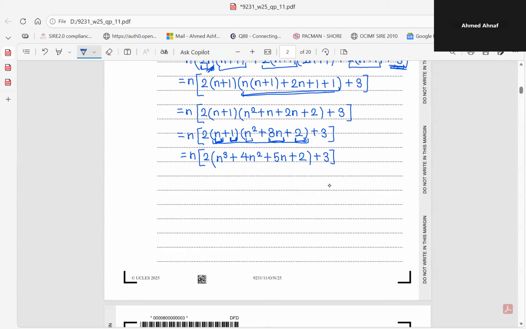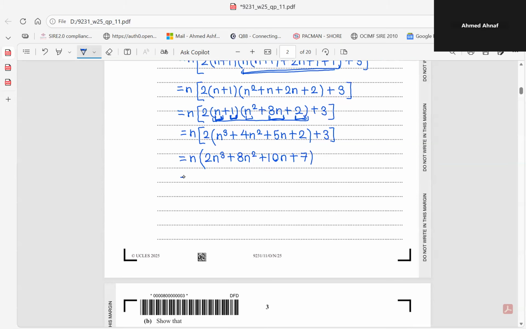Okay, now we can expand it out fully. So just multiply everything by 2: 2n cubed plus 8n squared plus 5 times 2, that's 10n. 2 times 2, that's 4. 4 plus 3, that is 7. And now just expand out the n.